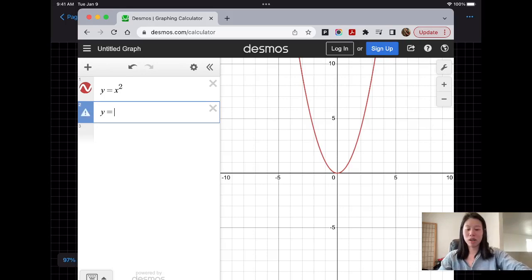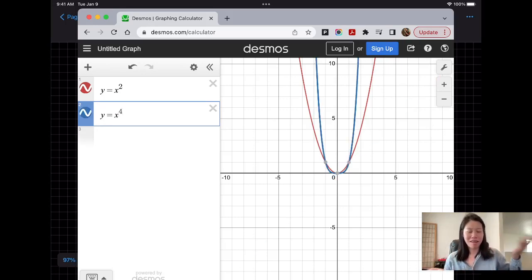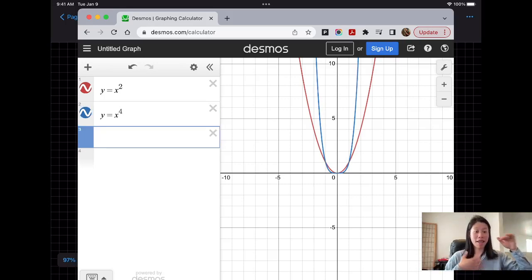You know that. What about x to the 4th? Also parabola, but it's narrower because the increasing rate is faster, right? Because think about when x equals 2, y is equal to 2 to the 4th power, which is 16, whereas for the red one, if x equals 2, x squared equals 4, which means y equals x to the 4th grows faster.